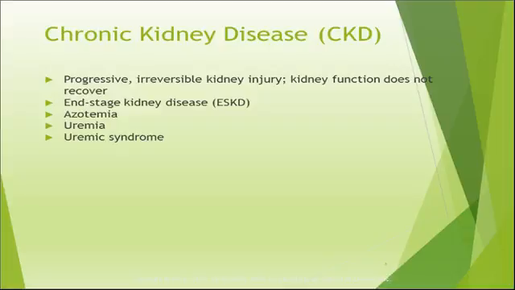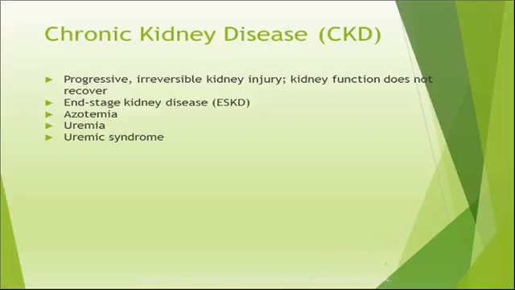Other terms that you will hear with chronic kidney disease are azotemia, which we've already discussed. Again, that's the buildup of the nitrogen-based waste in the blood. Uremia is the azotemia with other signs and symptoms, and then uremic syndrome.